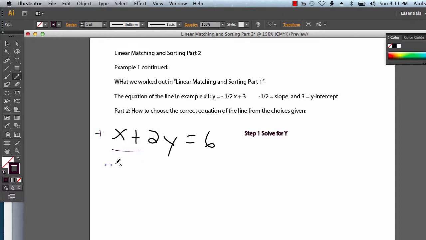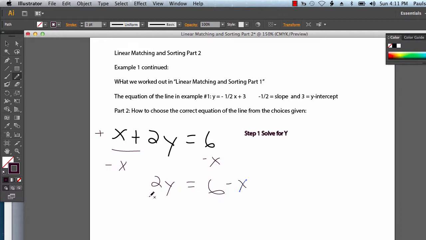So if you subtract x from both sides, you'll end up with 2y equals 6 minus x.